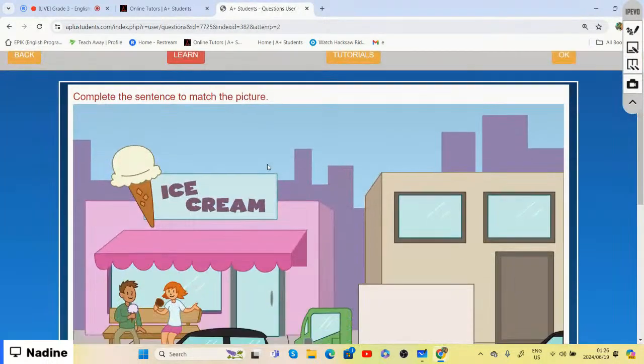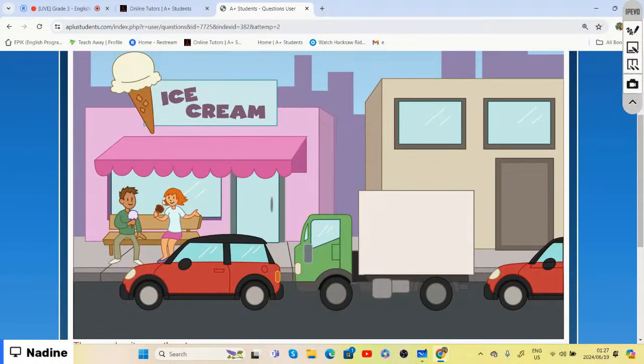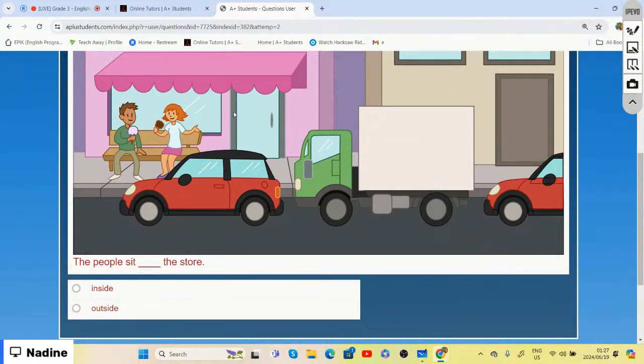All right, so now we need to look at these two people over here. It says the people sit in the store. Do they sit inside of the store or do they sit outside the store?